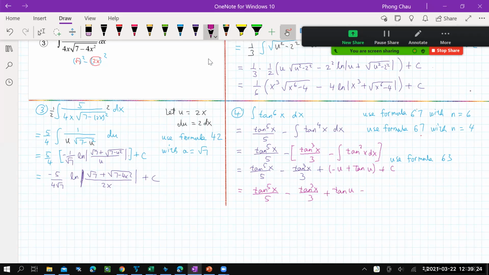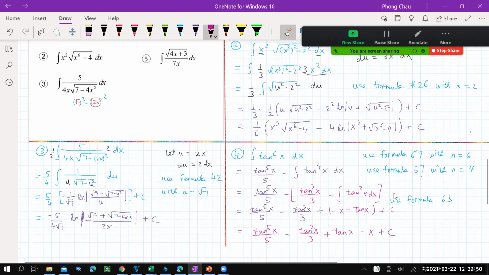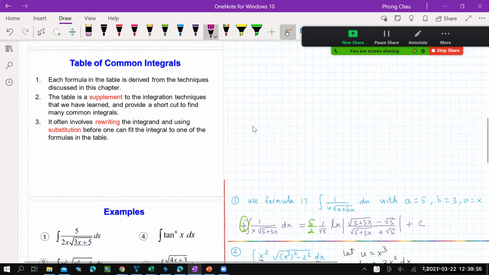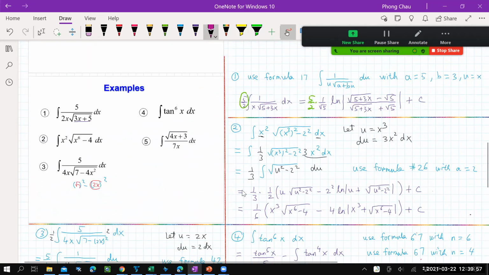So I'm using the formula with u, but our variable is x, so that becomes x. Okay, so that is tangent x minus x plus c. Right, so sometimes you see we're going to use the formula more than once. Just continue to apply the formula until we get the answer. Right, that finishes the 8.7, I believe.